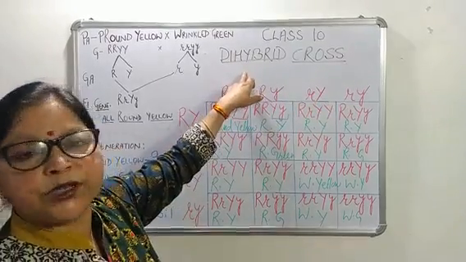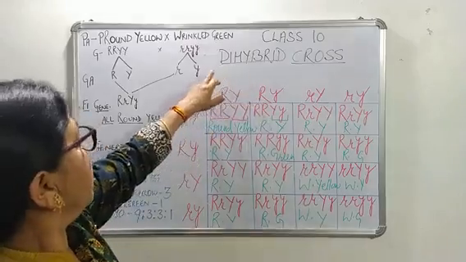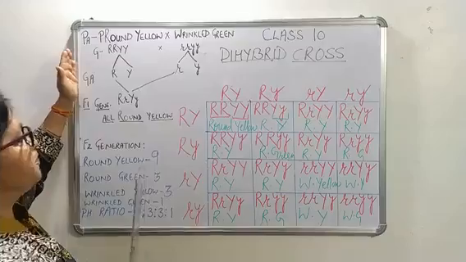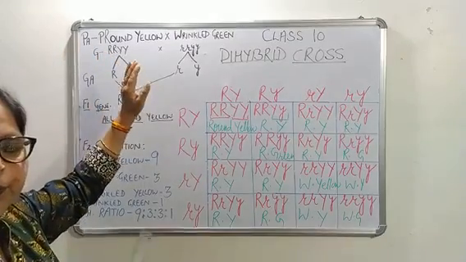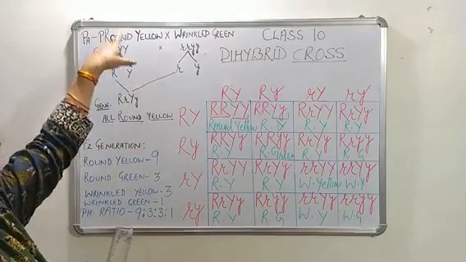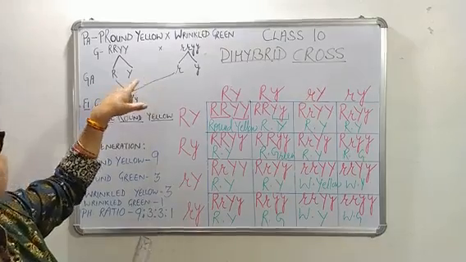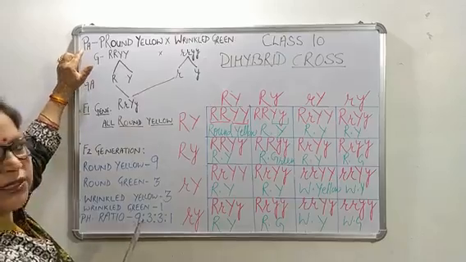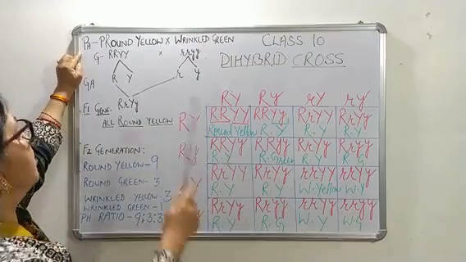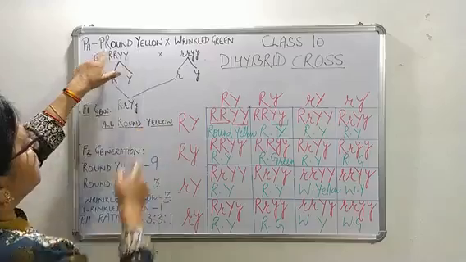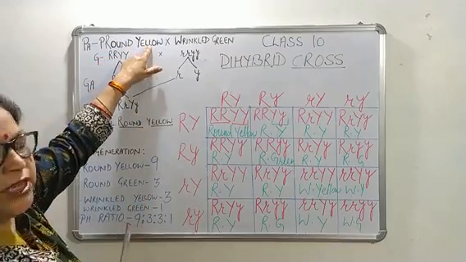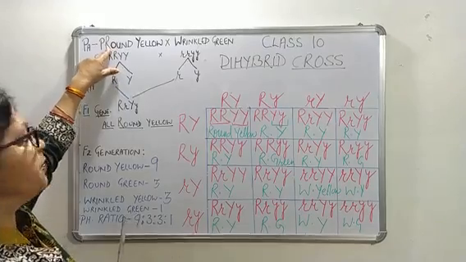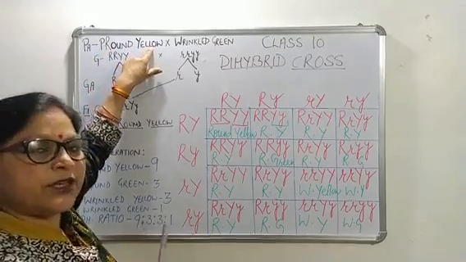What did Mendel do in this experiment? He considered two characters on pea plant. As I had already told you previously, pea plant has several characters with contrasting traits. He selected two pea plants, one which was producing round and yellow seeds. Round is the shape of the seed and yellow is the color of the seed.